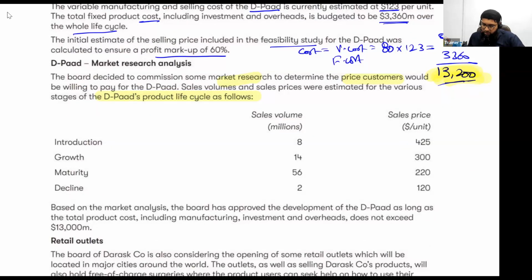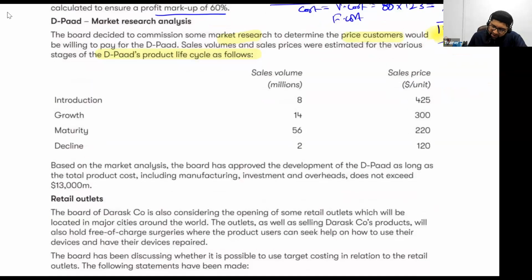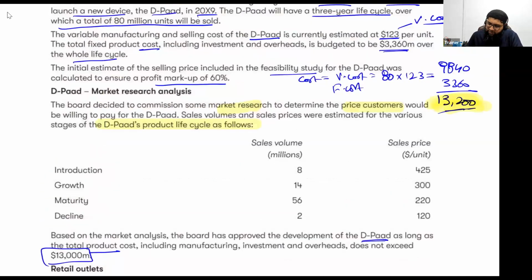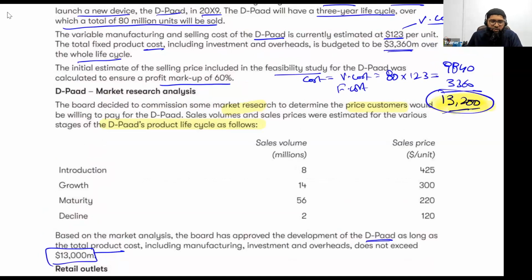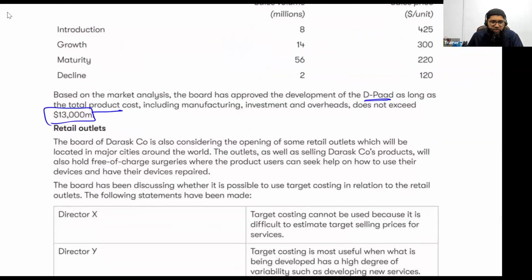Okay. So now it says based on market analysis, the board has approved the development of D-pad as long as total product cost does not exceed $13,000 million. It's 13,200 million right now. That's what the target is.